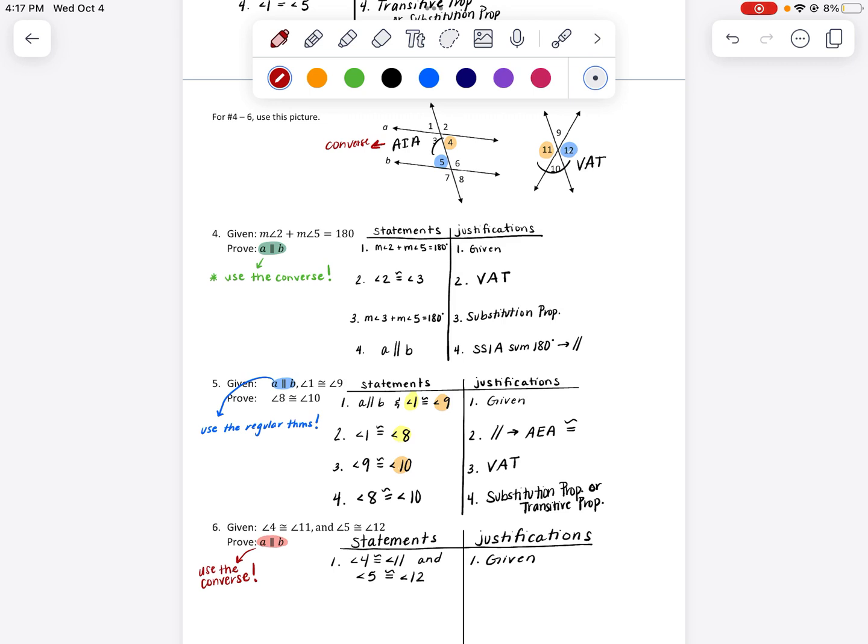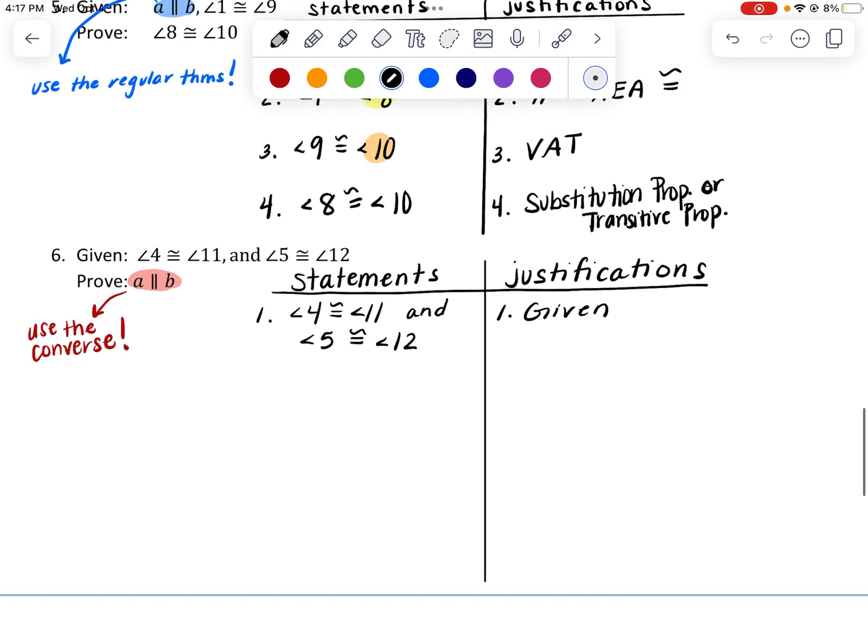So let's jump in and see what we know. I'm going to go ahead and write my statement about vertical angles. I know that angle 11 is congruent to angle 12 because of our vertical angle theorem.